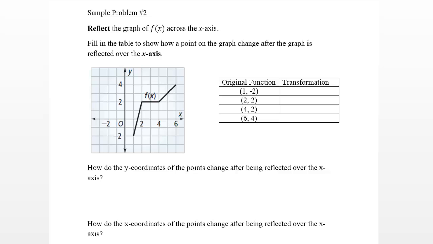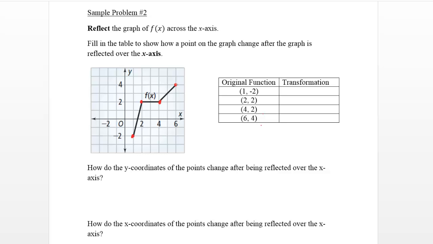Okay, so if I want to reflect this basic graph across the x-axis, I need to find the points that correspond to the given points in the original function. You can see I've listed them out in this table already. So we've got 1, negative 2, we've got 2, 2, we've got 4, 2, and we've got 6, 4.